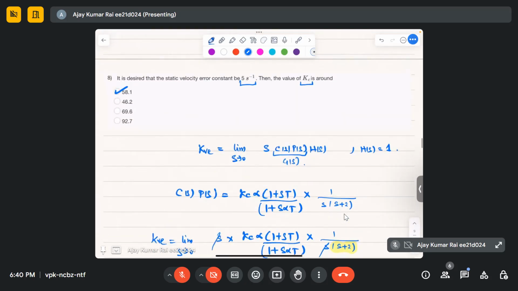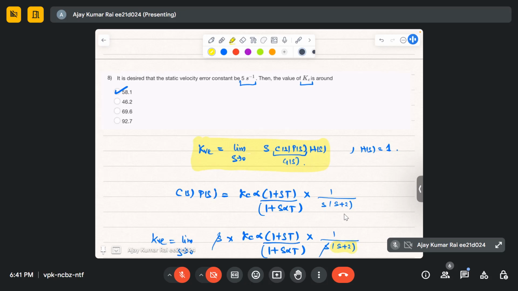So the static velocity error constant was given, and we have to find Kc, right? But to do this question, it's very important you know the definition of this. What is static velocity error constant? And we are calculating static velocity error because the type of system is equal to 1.